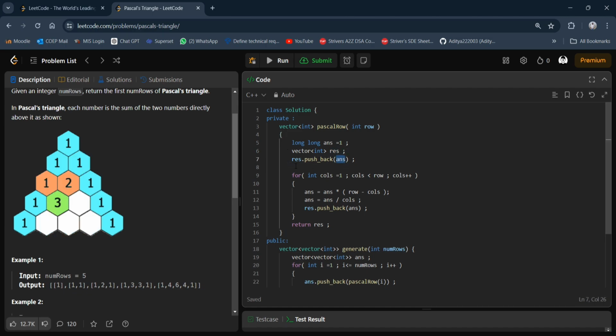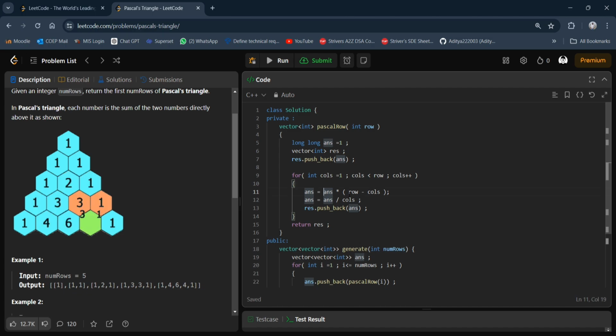We'll start from the first row up to row n minus 1. As we go further, first we do the numerator part of the nCr formula. So in answer, we multiply answer by rows minus column. Rows minus column gives the permutation numbers; for example, if there is 7 factorial, it gives 7 6 5, so we multiply it with the answer.